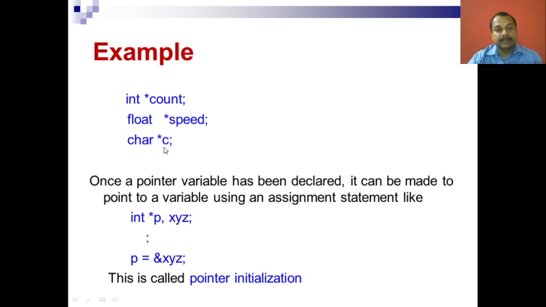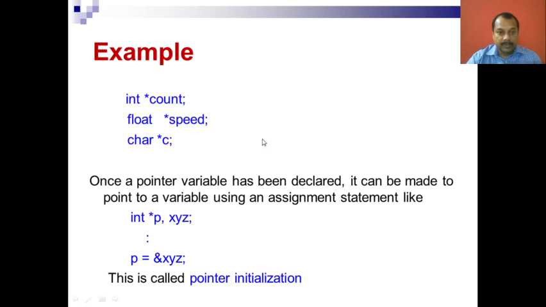C is a pointer variable which will store the address of some character variable. The star indicates that. So count, speed and C, all of them will store an unsigned int each.